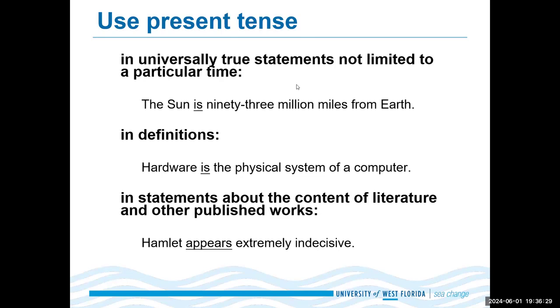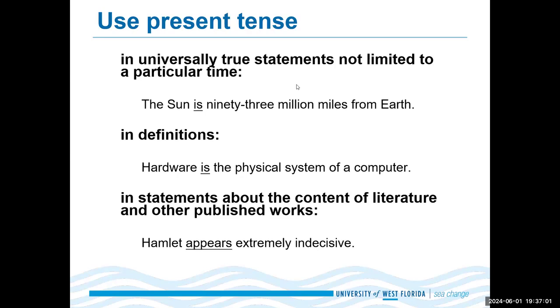It will always be in the present tense, no matter when you actually said that particular statement. Since it's generally or universally true, and you are giving a definition, it is always in the present tense or present form of the verb.